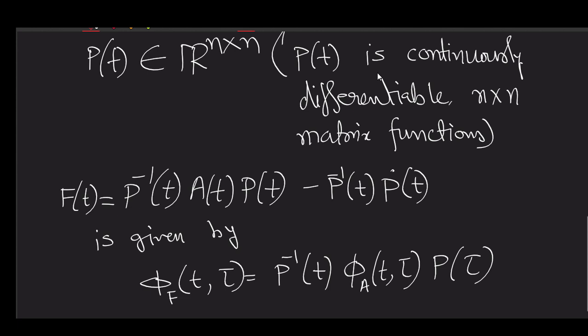So it's a kind of similarity transformation, although the transformation matrix is time varying, but we are trying to do that similarity transformation and realize some kind of easy to handle, easy to deal with matrix, right?